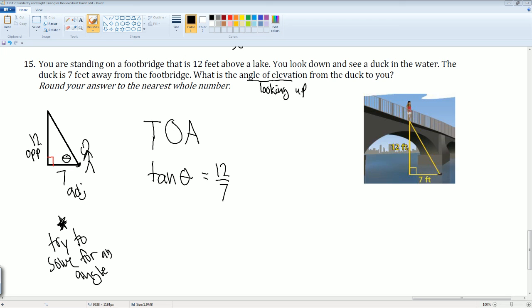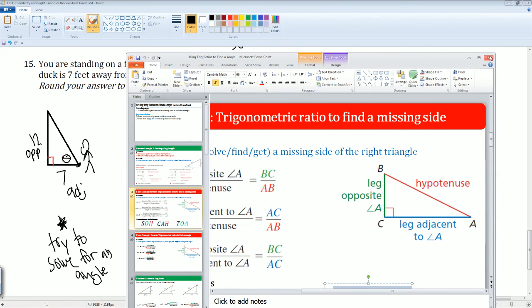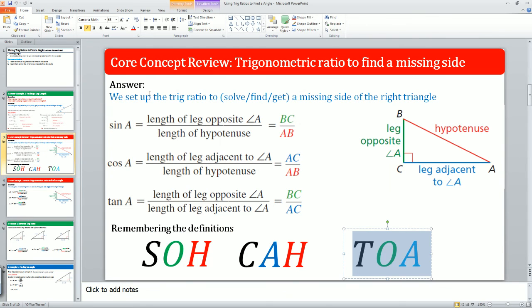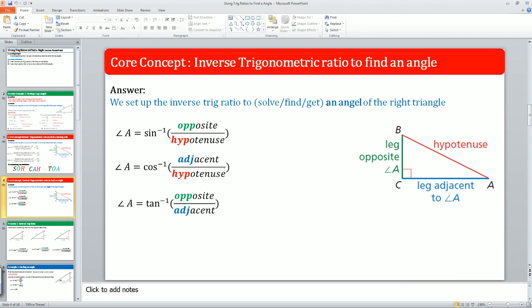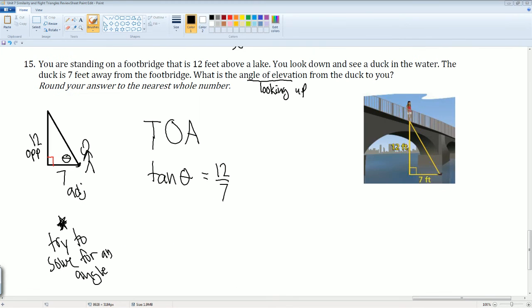When you solve for a missing side, you use the regular trig ratio, but if you want an angle, you have to use the inverse trig ratio. So we need theta, so we use the inverse trig ratio. So theta is equal to tan inverse of 12 over 7.